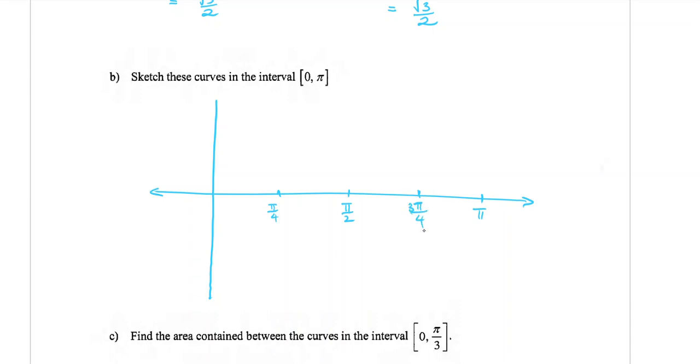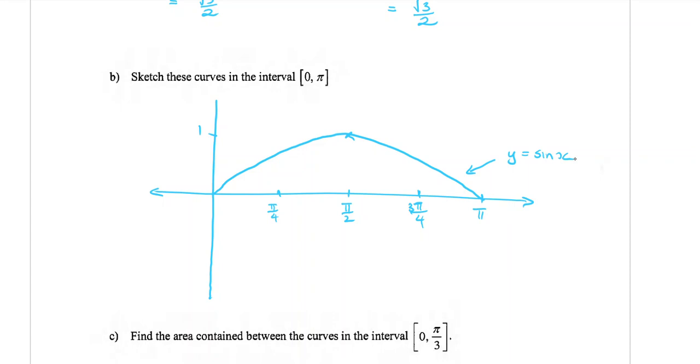Sine x normally has a period of 2 pi. If I'm only sketching between 0 and pi though, I'm only sketching half of an oscillation. So at the halfway point it'll be at the top, and it's going to go up and down to pi. That is the y equals sine x graph between 0 and pi.